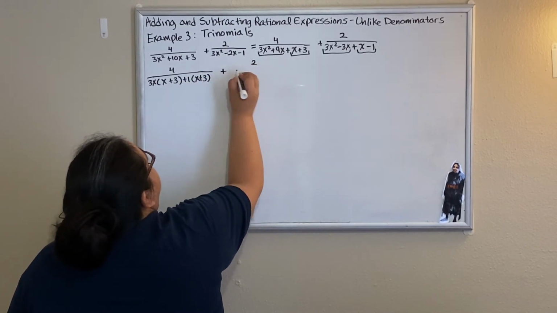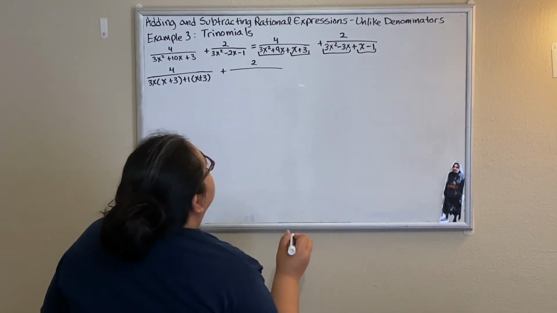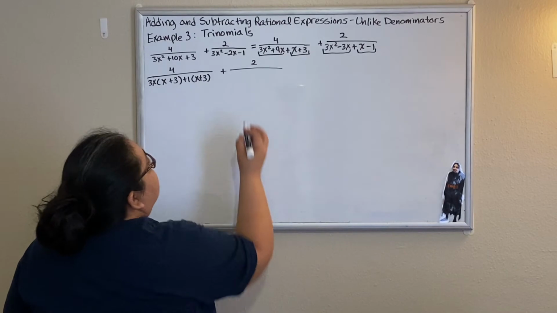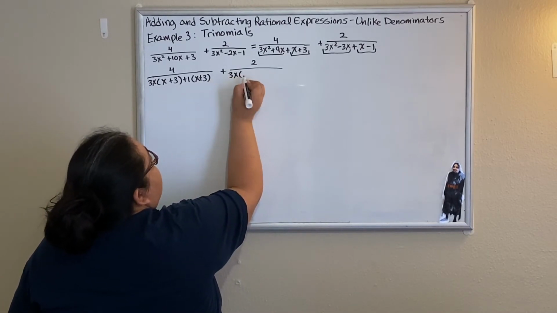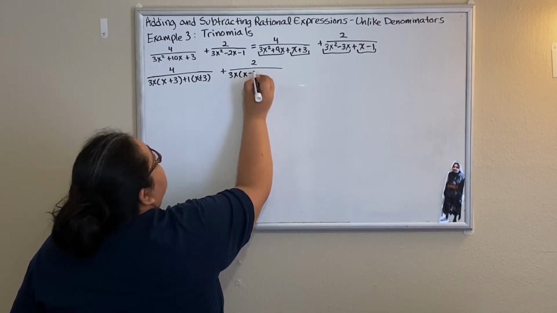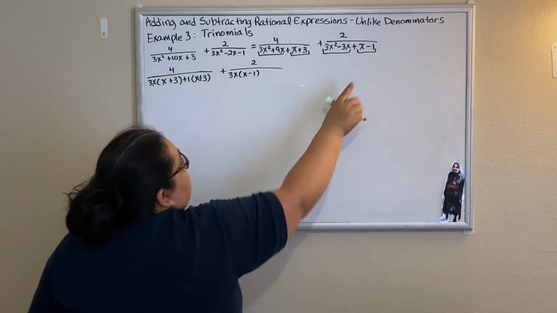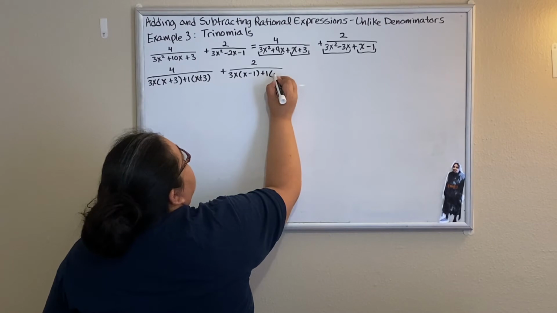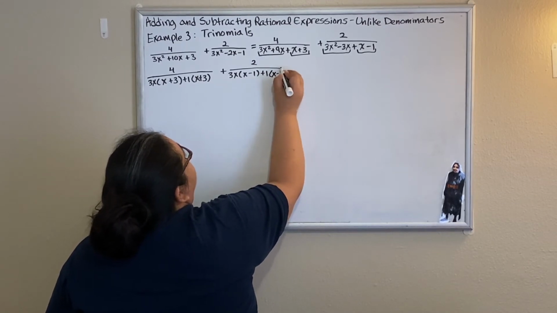Plus 2 over, and again, we look at the first group here, and it looks like we can factor out a 3x. So we're going to factor out 3x, and that leaves us with x minus 1. In the second group, there's nothing to factor, so we're going to factor out a 1, and that's going to leave us with x minus 1.